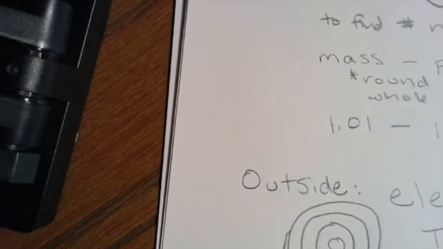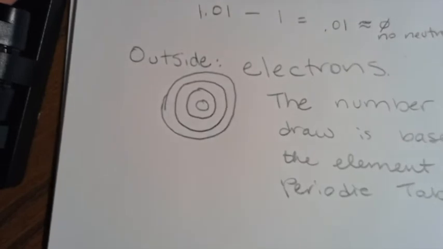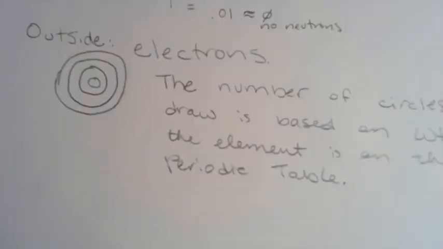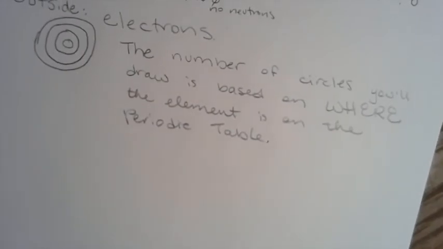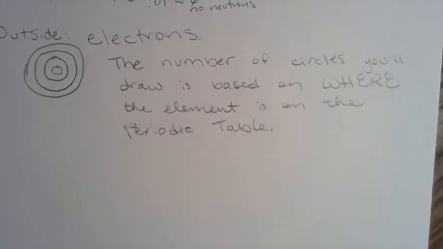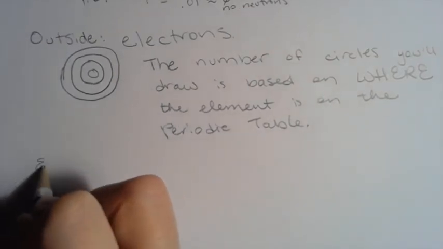Okay, so to write that down, let's say it's the electrons. The number of circles you'll draw is based on where the element is on the periodic table. Elements in the first row get one circle.